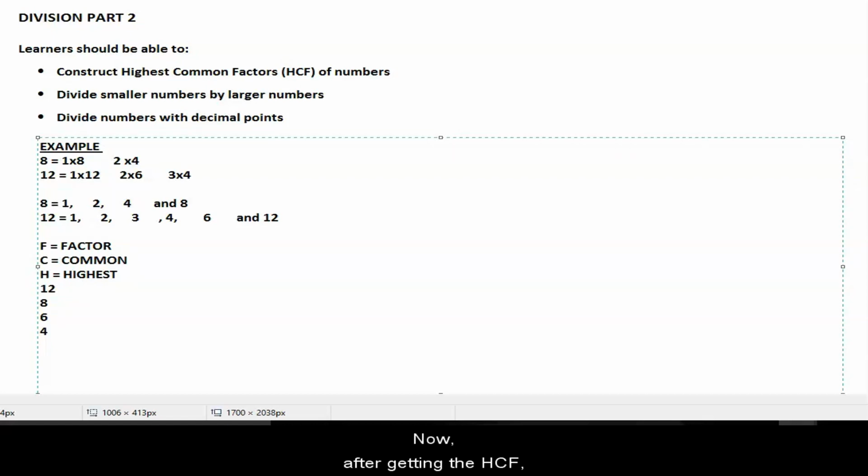Now after getting the HCF, the next thing you need to do is to divide both the numerator and denominator by the HCF. Let me repeat. Divide both the numerator and denominator by the HCF.